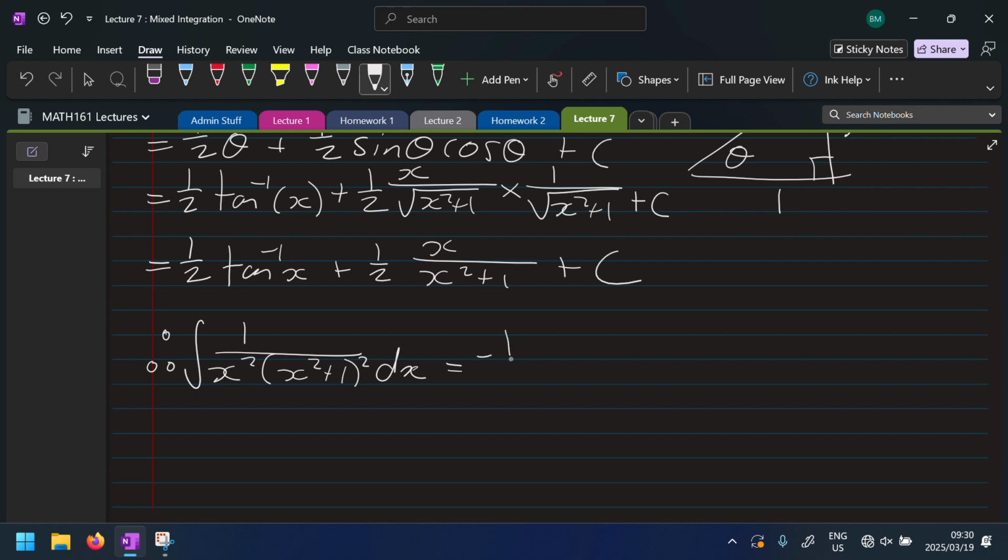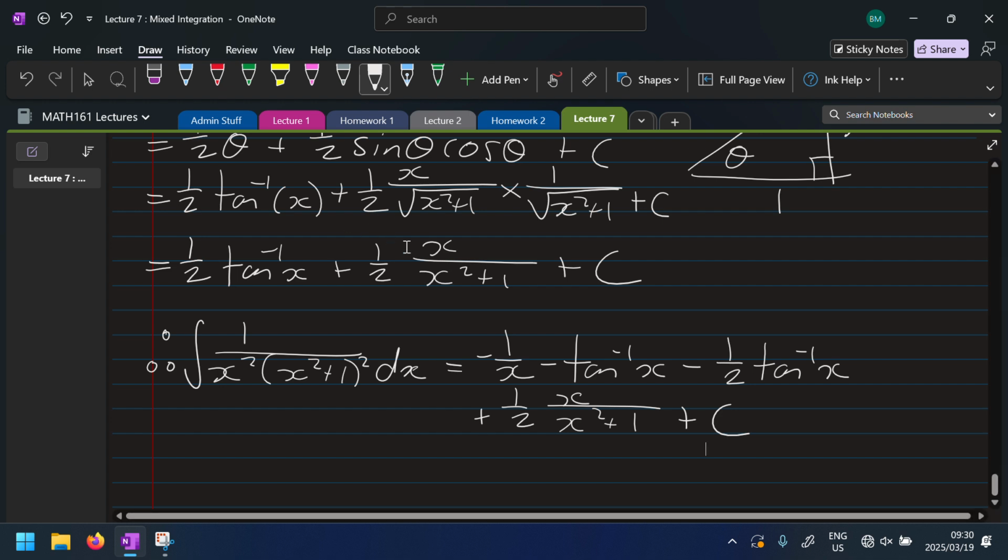So that's going to be minus 1 over x minus arc tan x minus, now the new stuff, minus 1/2 arc tan x plus 1/2 x over x squared plus 1. Now this is the full answer. This is the pink star stuff we had earlier plus the original stuff we had.